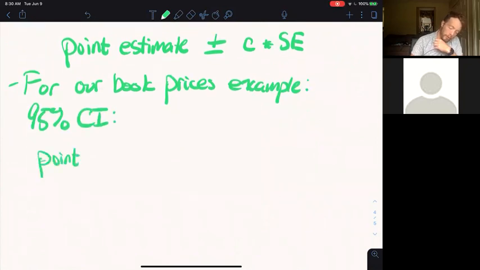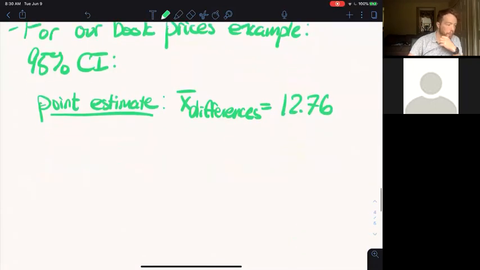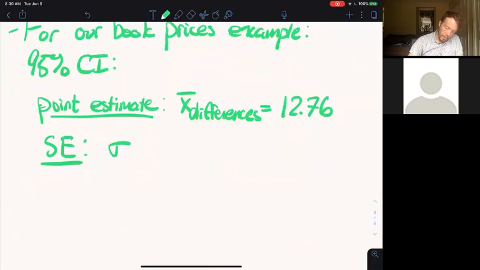So for that example, our point estimate was the average of the differences, right? We took all of the differences and we averaged them up and got this value. And I think in that example, it was 12.76. Similarly, the standard error was just the standard error of the mean differences, which we approximated with the sample standard deviation of the mean differences, right?